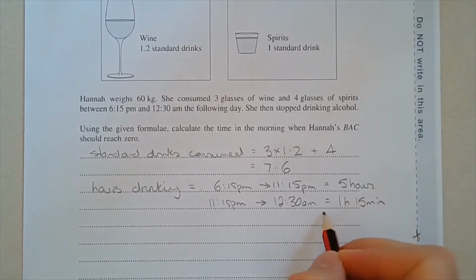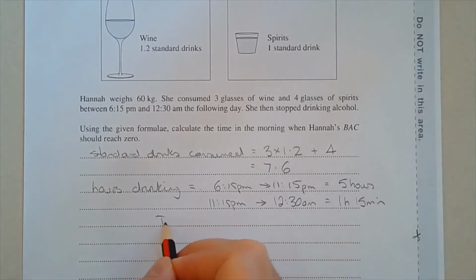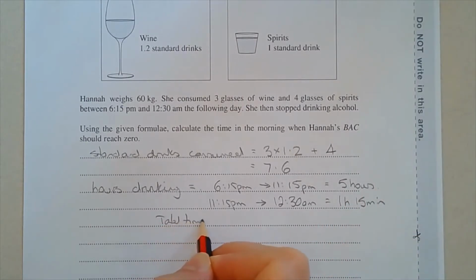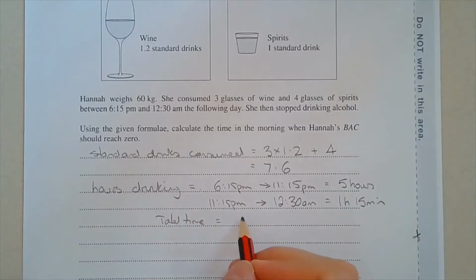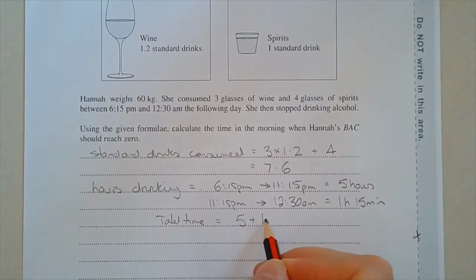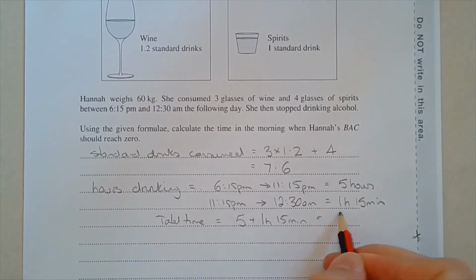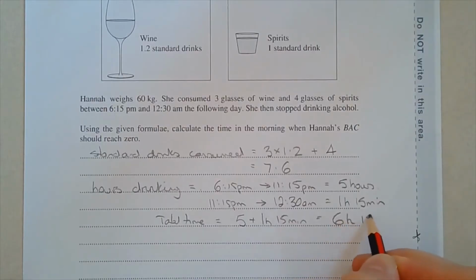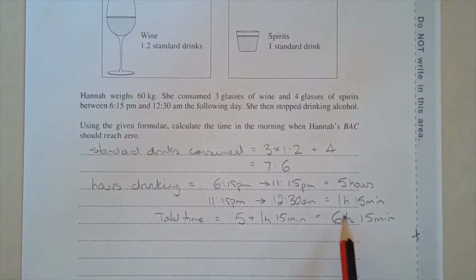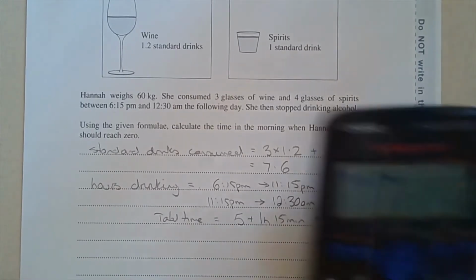If you add those two together, so total time is equal to 5 hours plus 1 hour and 15 minutes, and that equals 6 hours and 15 minutes. Now this needs to be converted into decimal.